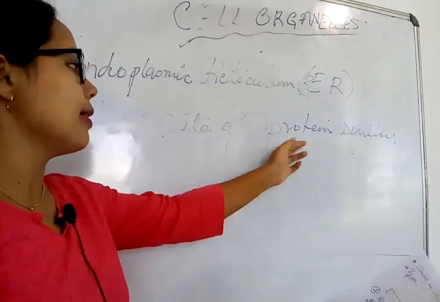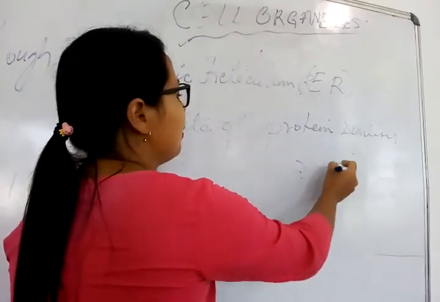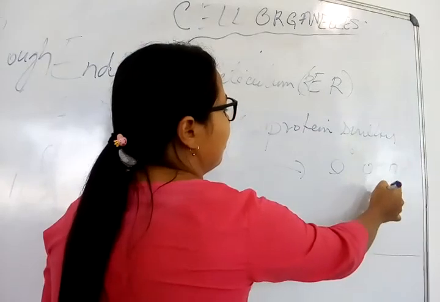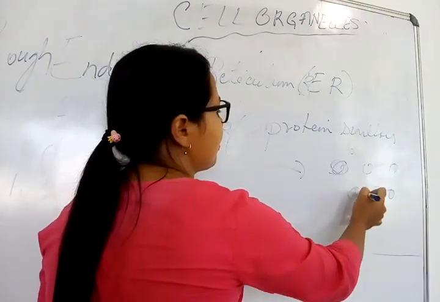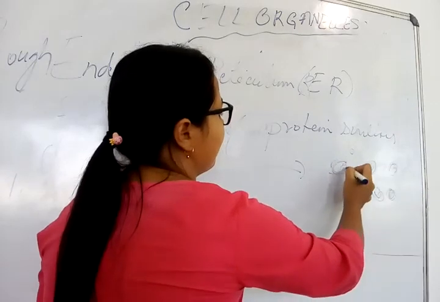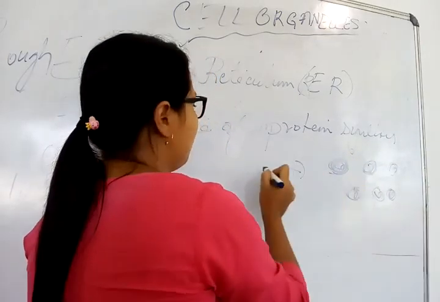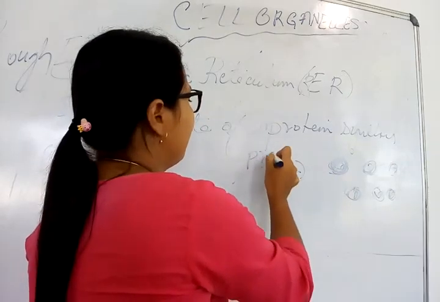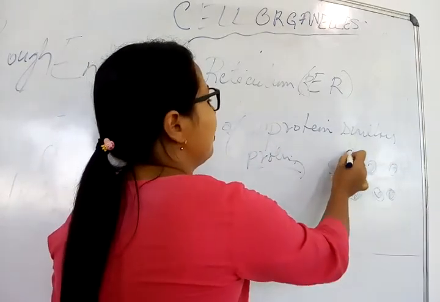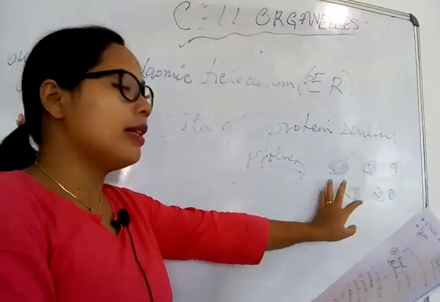This protein is transferred to different types of cells. You know, there are different types of cells in living organisms. So the protein is transferred to the different types of cells according to the need.